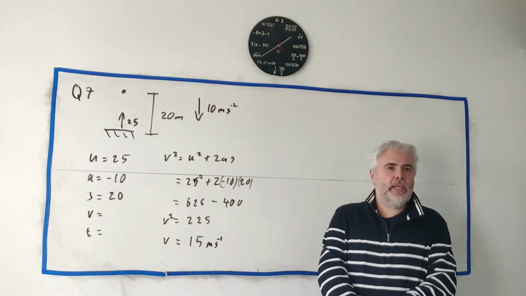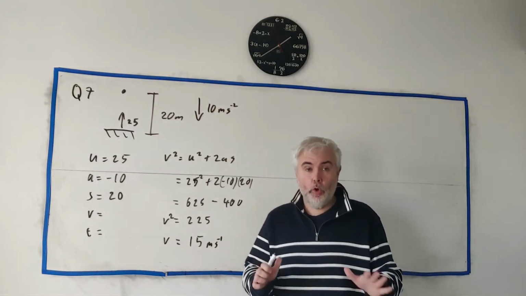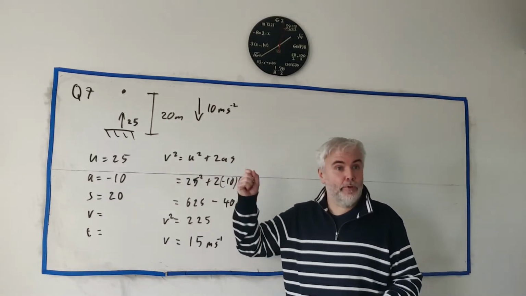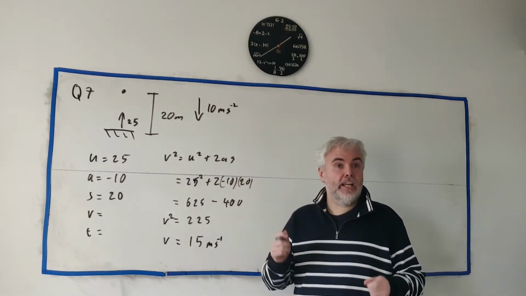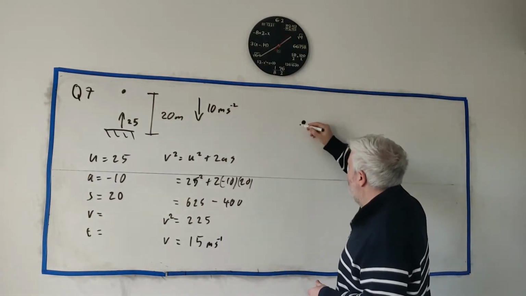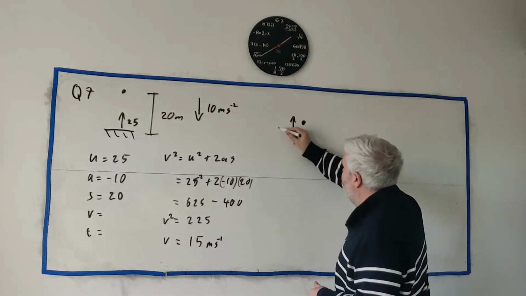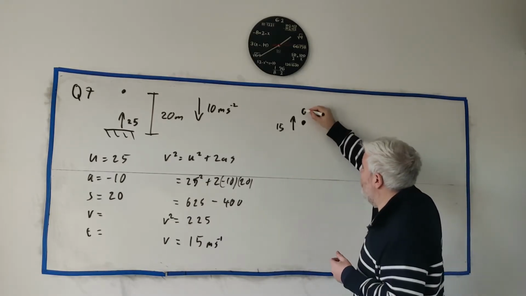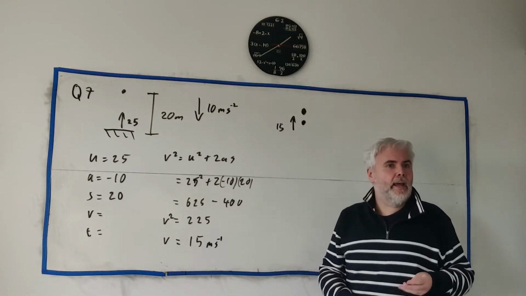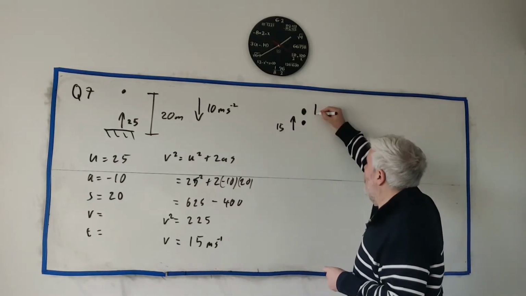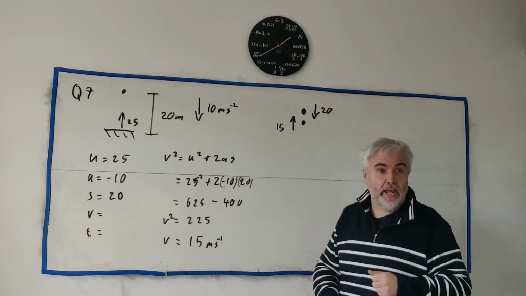Now in part B, again, we're in a normal, easy enough question here. They tell us that at 20 meters above the ground, it collides with another particle. So we have particle P heading upwards at 15 meters per second. It hits into another particle that's moving downwards at 20 meters per second.